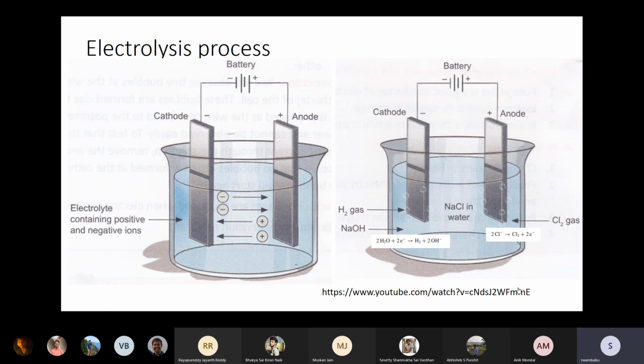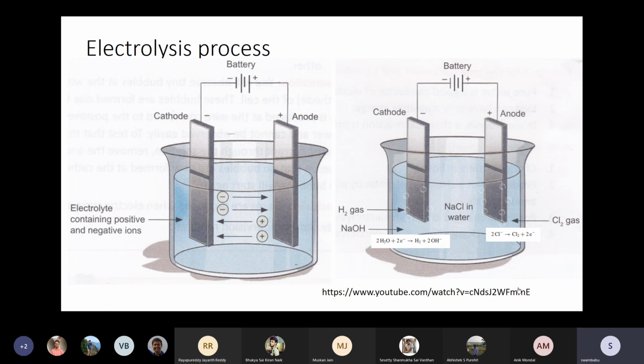If you connect these electrodes to a power source and give a sufficient amount of electrical energy input, the conductive material which is negatively charged will act as a cathode, and the positively charged conductive material acts as an anode. The anode will have positive charge and the cathode will have the negative charge.